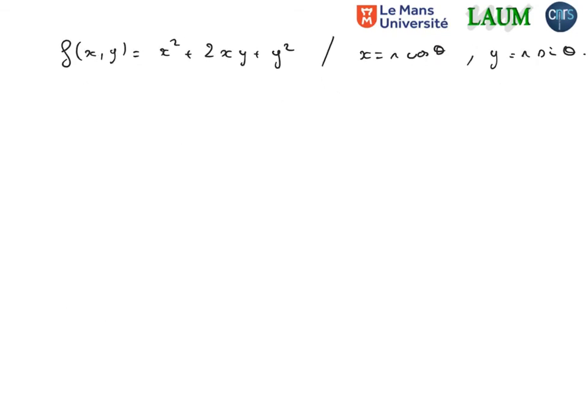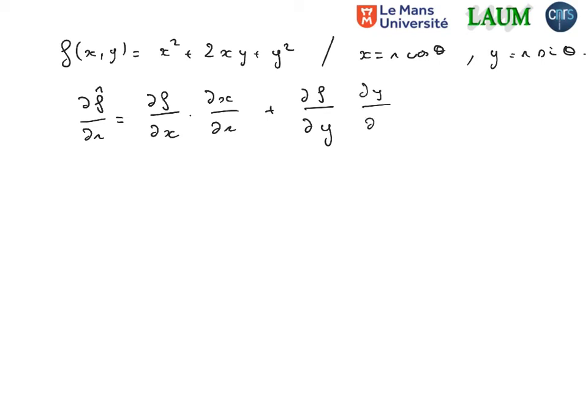So we can retrieve all these formulas by a second method, which is to write that df with respect to r is equal to df with respect to x multiplied by dx with respect to r, plus df over dy multiplied by dy over dr. And then df over dx, we just have to derive this with partial derivative with respect to x.